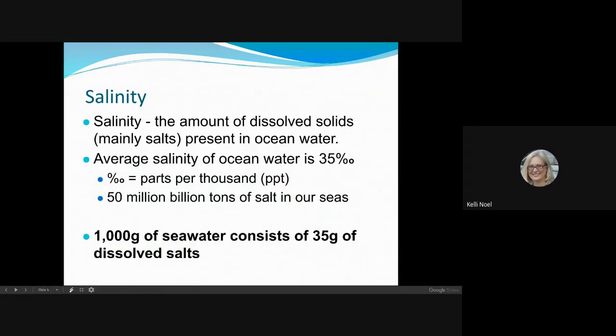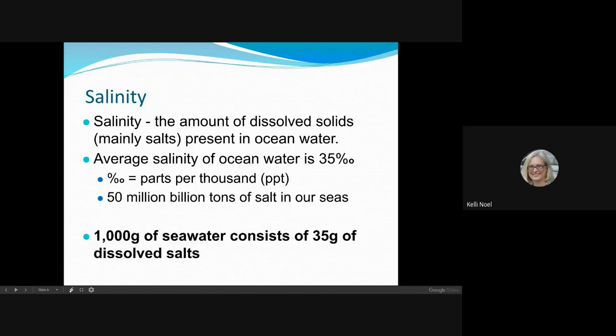Salinity is a word that starts off like salt, so think salt. Salinity is the amount of dissolved solids. At the bottom of that page we're on, the amount of dissolved solids is what you put in that blank.